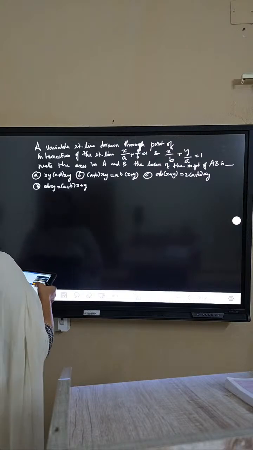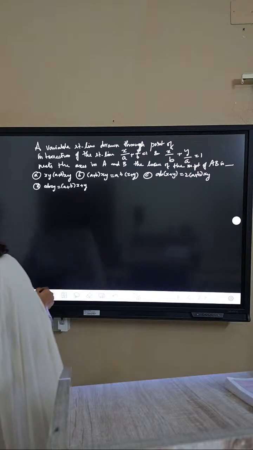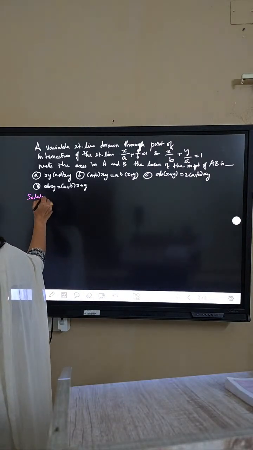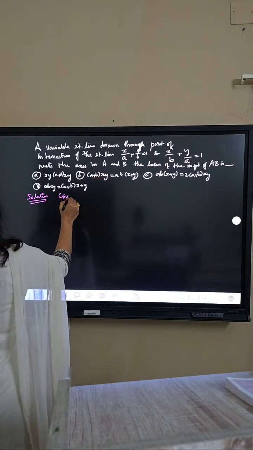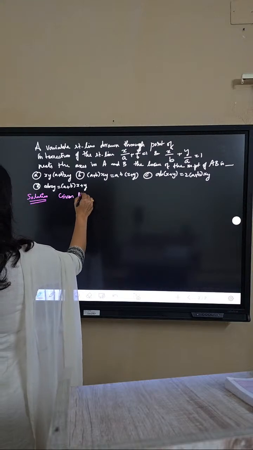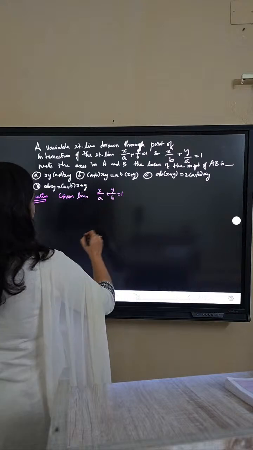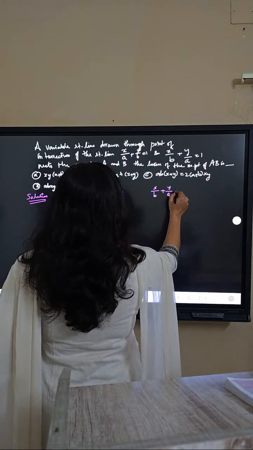So from this we can write, so here it is given, what are the given lines? So the solution we can take it, this is the solution. These two are given lines, you better write the given lines. x by a plus y by b equal to 1 line, and x by b plus y by a equal to 1 line.